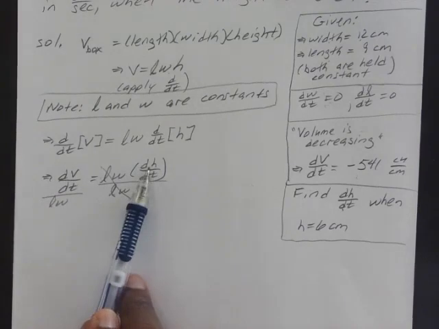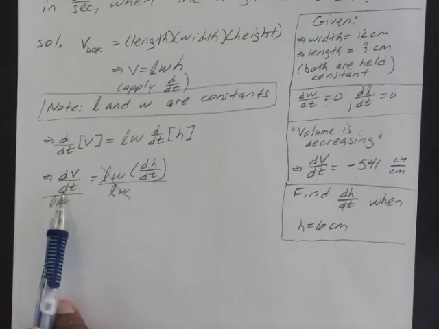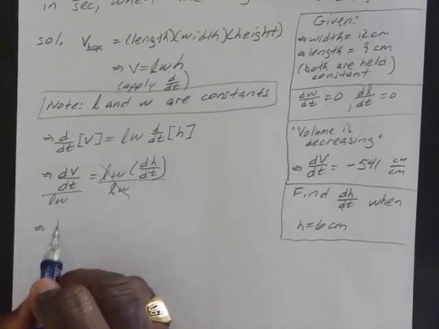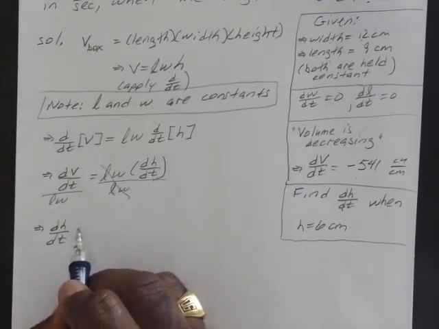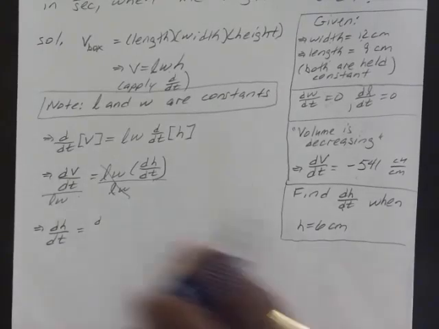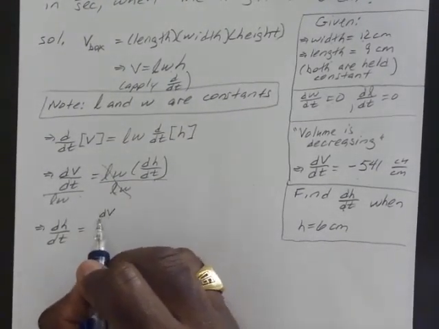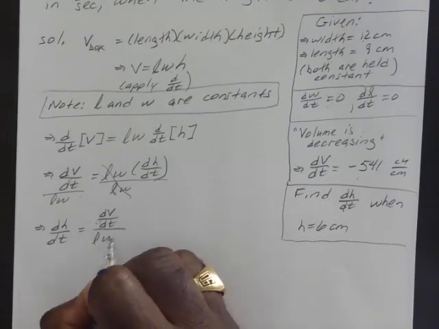So we know the rate of change of the height with respect to time is equal to the rate of change of the volume with respect to time divided by the length times width. So I'll just switch those around.